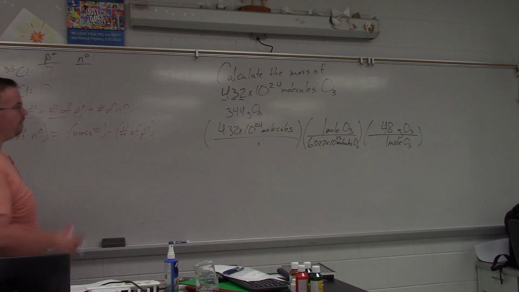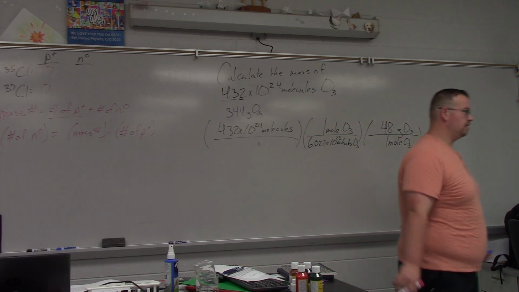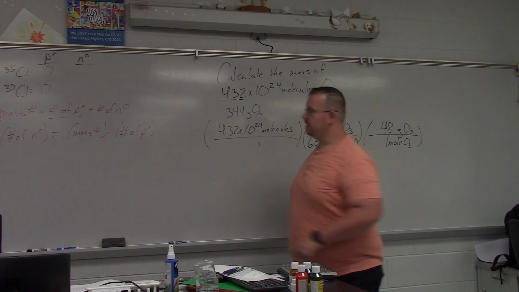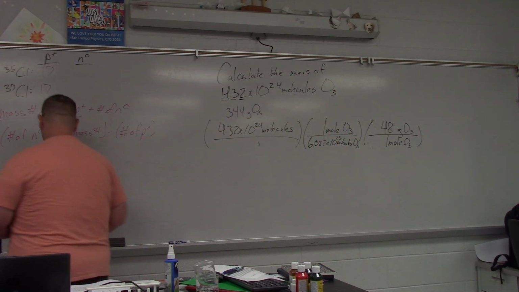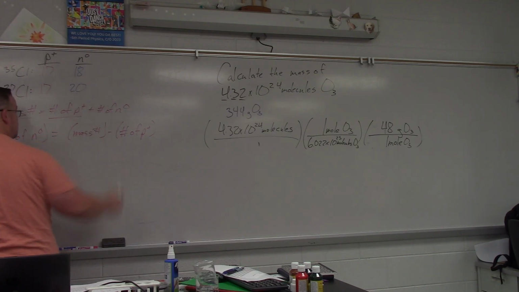So you tell me how many neutrons I have in chlorine 35. How many neutrons are in chlorine 37? 18 and 20. Simple enough? Yeah. Not too bad.